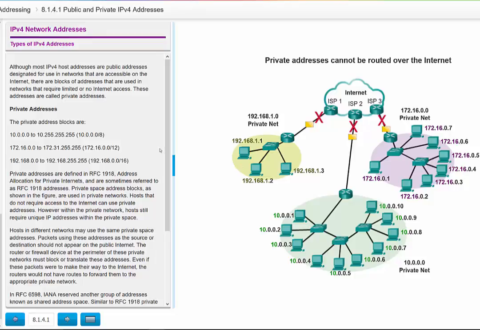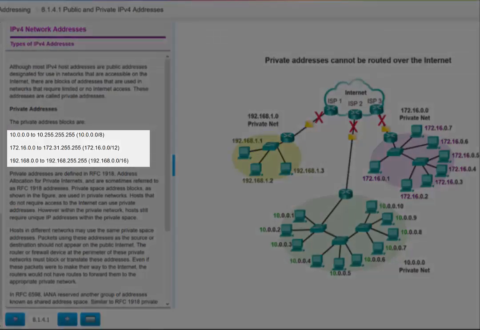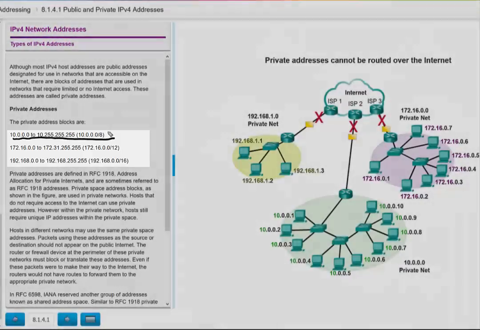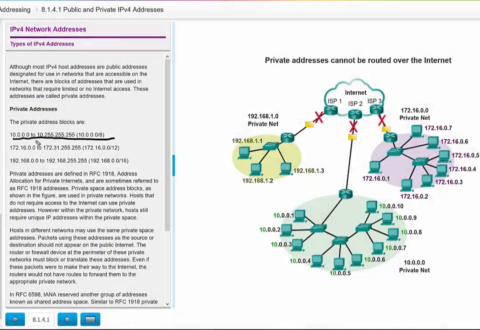So the range of private IP addresses are highlighted here. We have 10.0.0.0/8, which means that any address of 10 dot anything is a private IP address. And then 172.16.anything is also a private IP address.